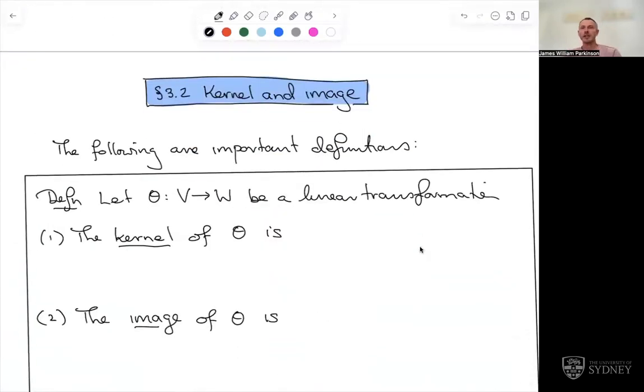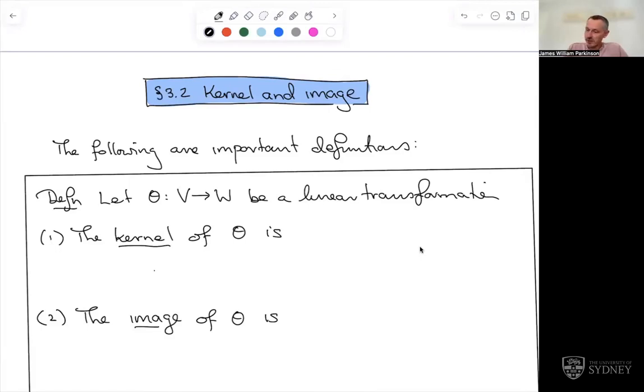So let's discuss now kernel and image. These are important definitions. We have a linear transformation theta from V to W, and now the kernel and image are special. The first one is a subspace of V, and the second one is a subspace of W. The kernel is all the things which are killed by theta.